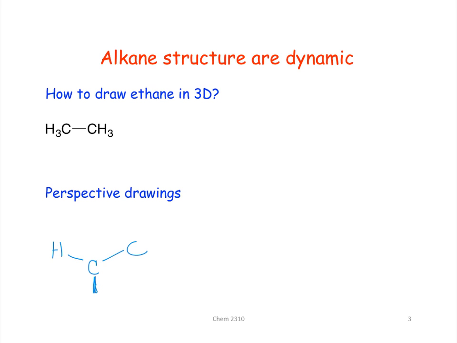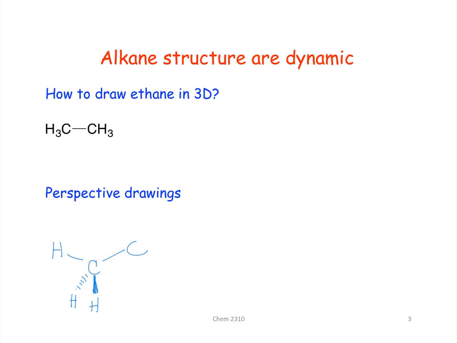And then we know that we have one bond that is a wedge, coming out of the plane, pointing towards you, and another bond that's going back into the plane. In reality, these two bonds, one of them would be right in front of the other, but we skew one to the side of the other just so we can see it more clearly.